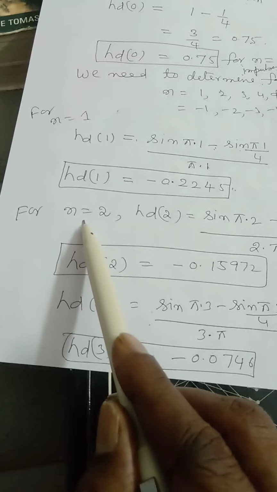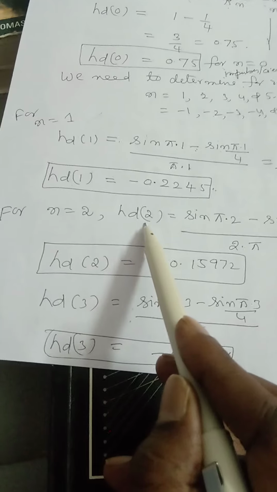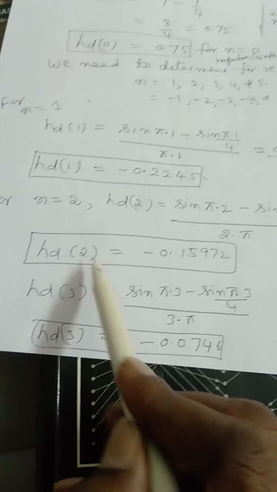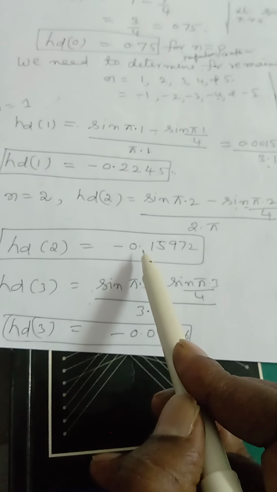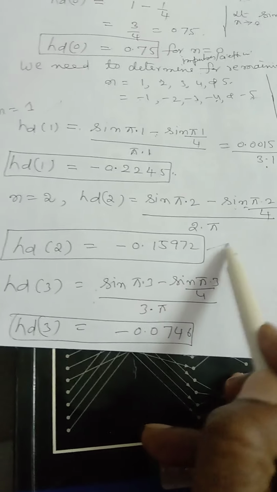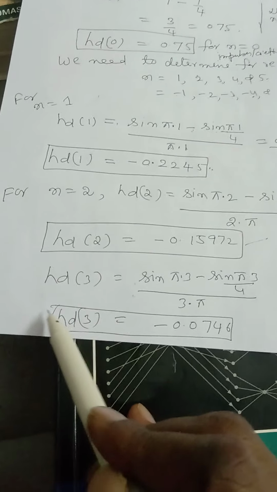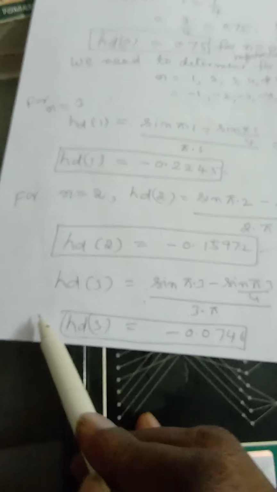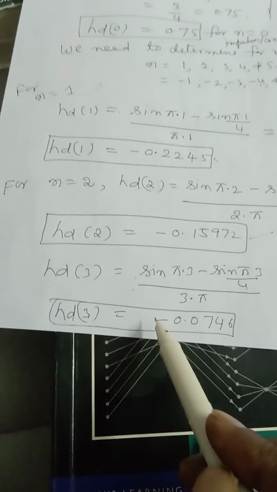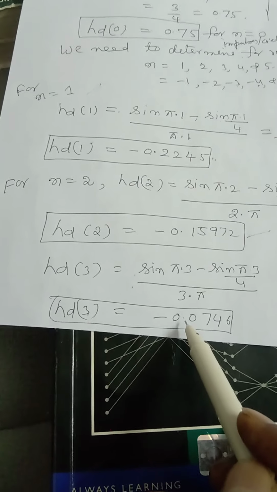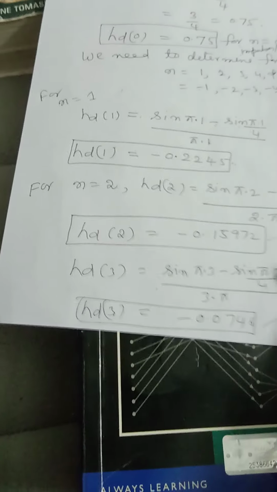This is a minus value for n is equal to 1. Now for n is equal to 2, hd of 2 is equal to, how much you got? Minus 0.15972. Now for n is equal to 3, hd of 3 is equal to minus 0.0746. You understand?